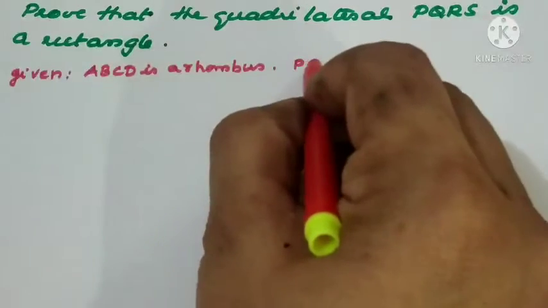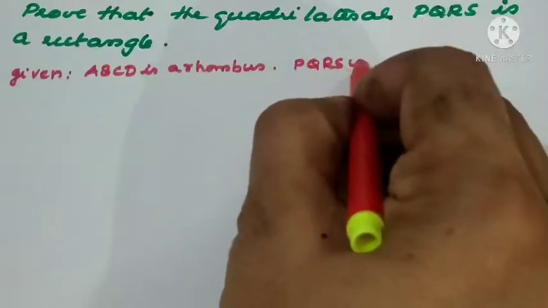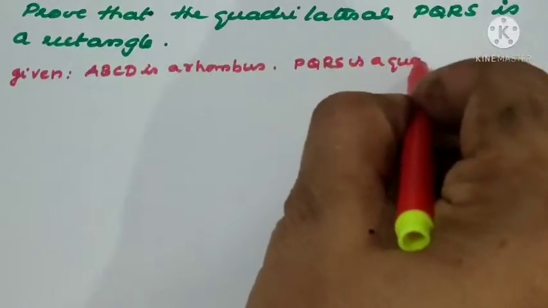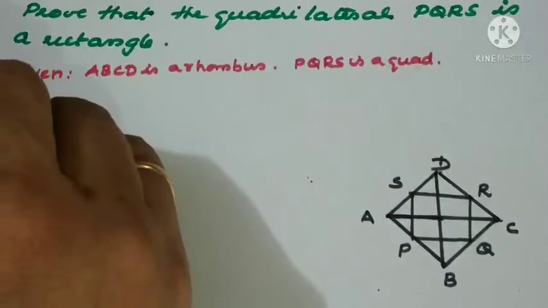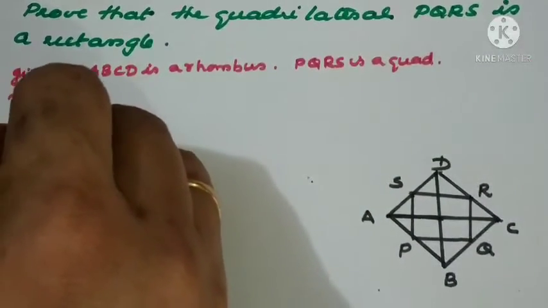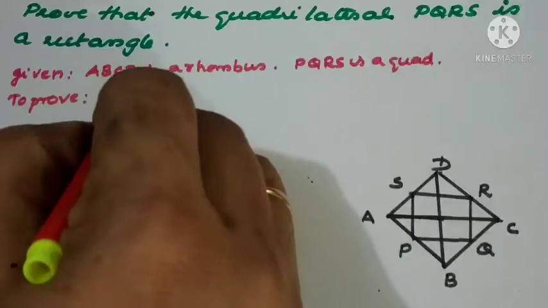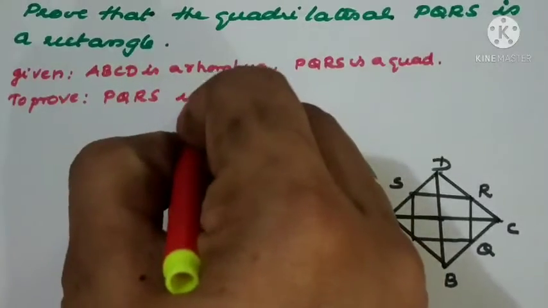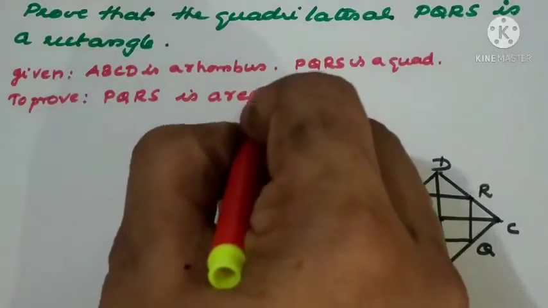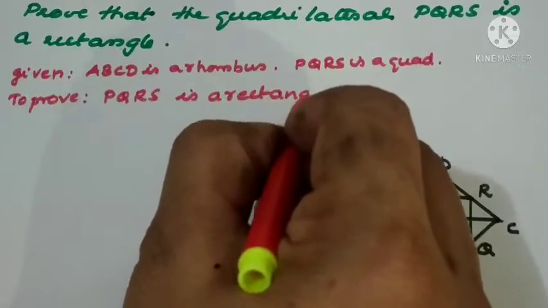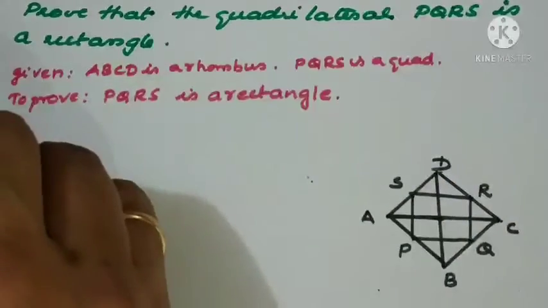So we'll just write, PQRS is a quadrilateral. To prove: PQRS is a rectangle. Now, proof.